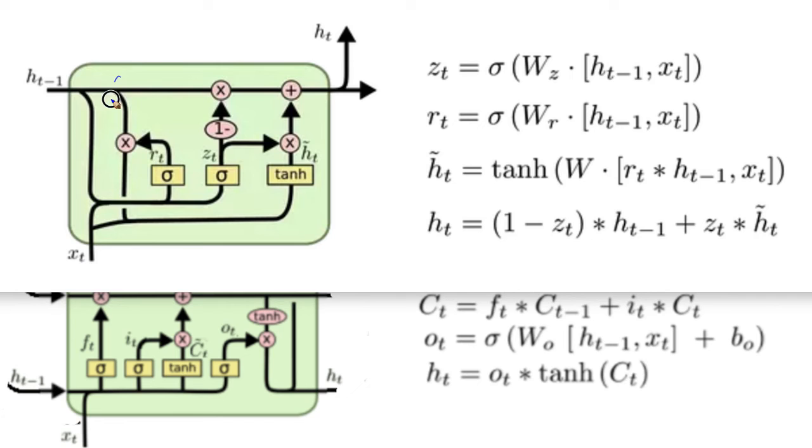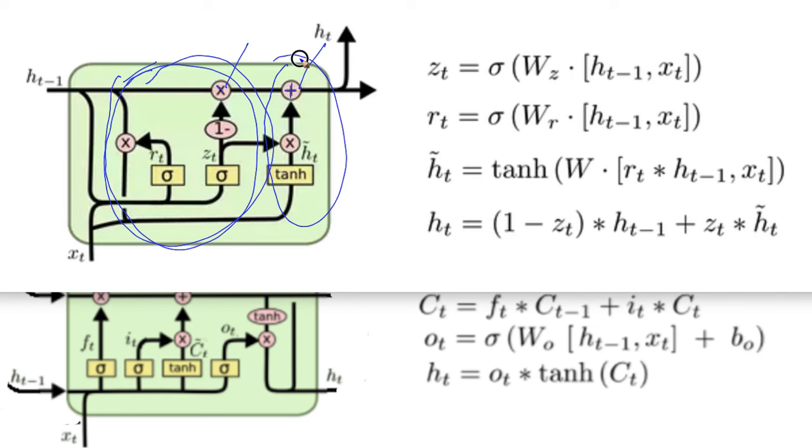So there are 2 gates. The first gate is reset gate. Why is it reset gate? Because if you see here, this was pointwise multiplication and this is pointwise addition, right? This pointwise multiplication allows us to decide how much I should pass from the previous state to the next state, that we have seen, right? And this is update gate. This is update, that means how much we should update, because we have plus here, how much we should add to the output of this state from the previous state.